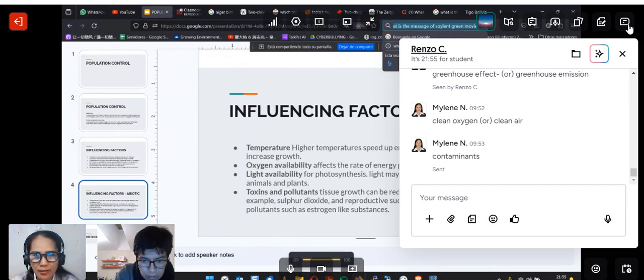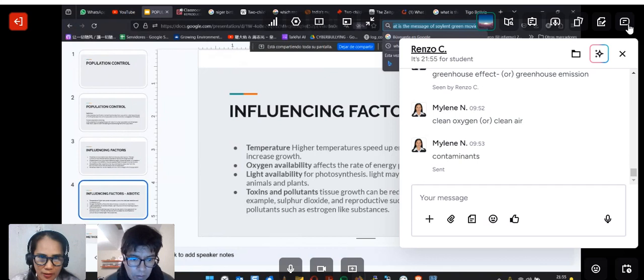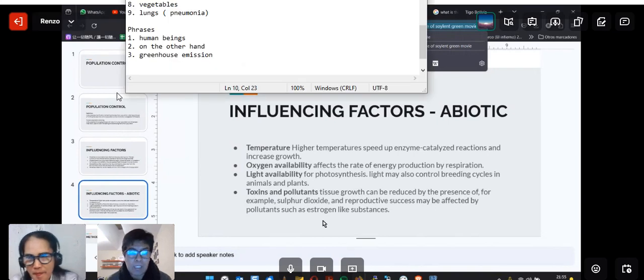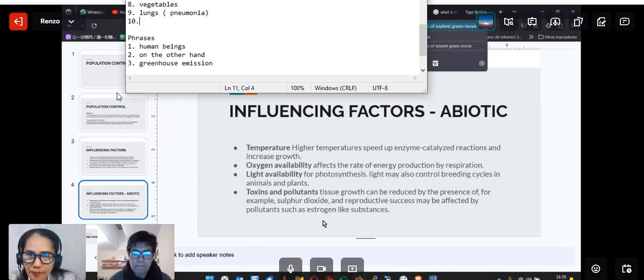So there's darkness, and there's no photosynthesis process where plants can grow. These four factors are considered to be the most important ones that affect life on earth.